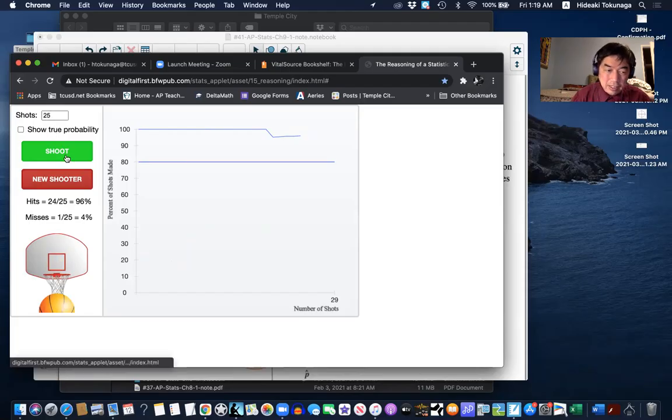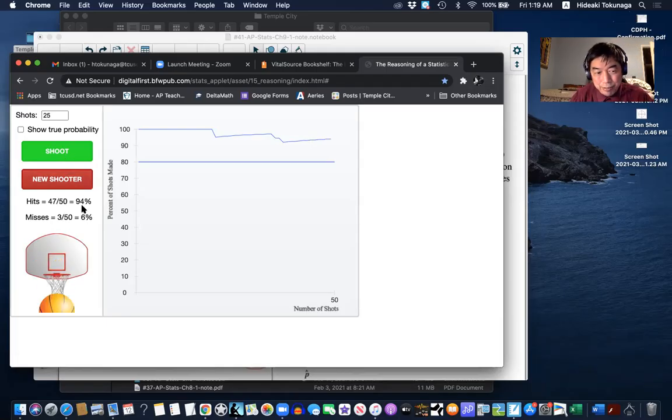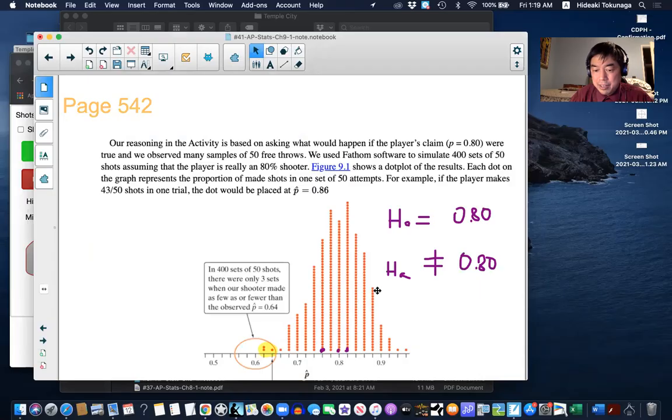So let's see, if I do 20, wow, this is like LeBron James. As you see, it's 94 and 6, so 94%. This kind of kid's free throw rate is right here. This is too extreme in this direction.